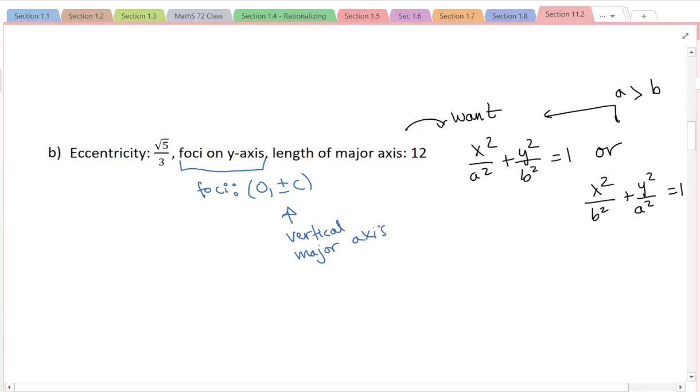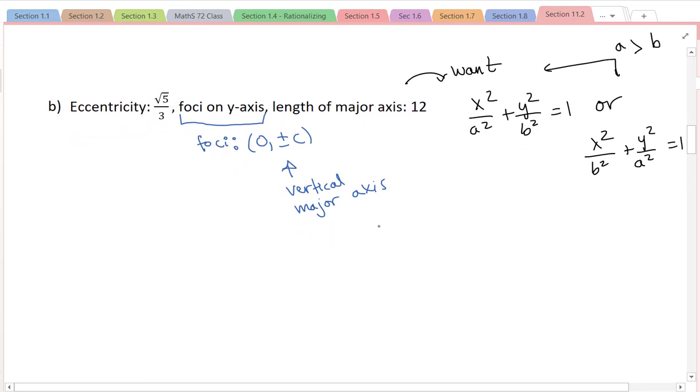The eccentricity, I know e is the square root of 5 over 3. And we also know that e is the ratio of c over a. So if I knew c or if I knew a, I could solve for the other one.